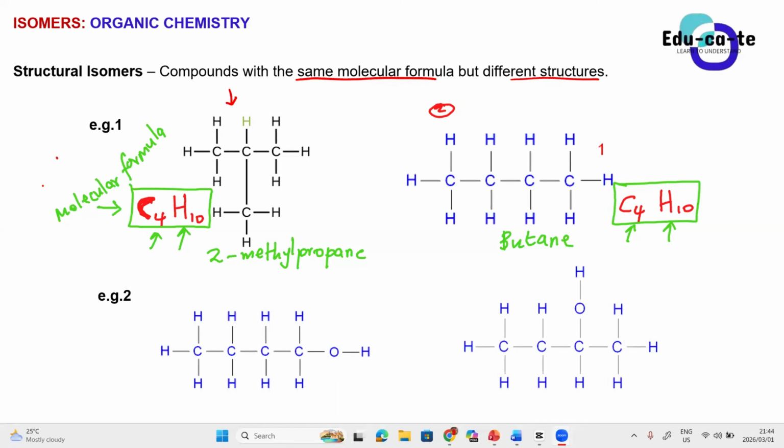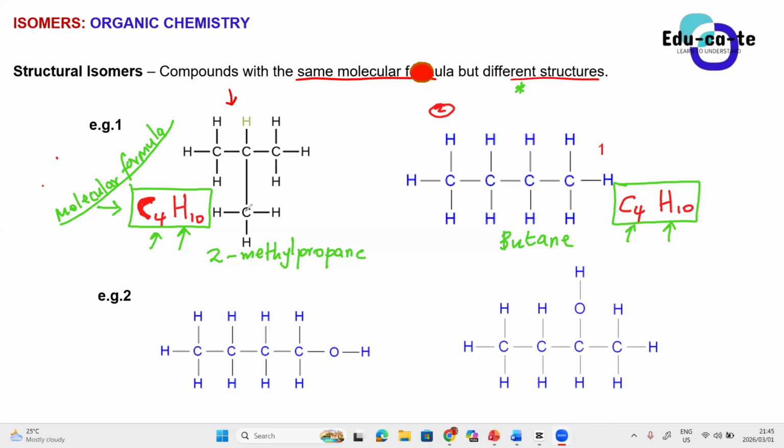That's why we say that although they have the same number of carbons and hydrogens, the same molecular formula, they've got different structures, different structural formulae. Because if you look at the first structural formula, it has a branch, the second one does not have a branch. That's the difference, at least that I can see from here.